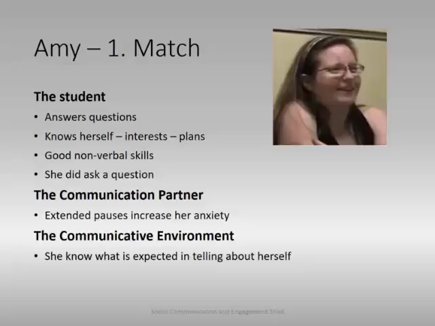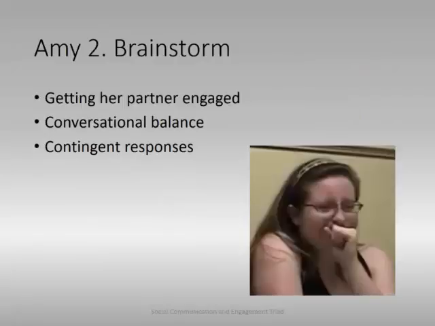And in the communicative environment, we felt that Amy really knew what was expected when trying to explain about herself or her ideas. So that kind of routine or predictable conversation was a place where she might be more successful. So when brainstorming about next steps for Amy in step 2 of this process, we really thought about what is the skill, the knowledge or strategy that really will make the most impact here for Amy.